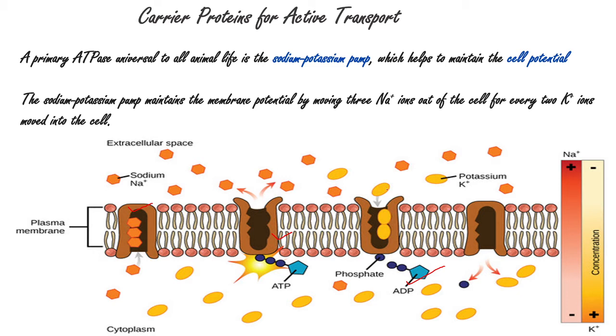The conformational change brings the transporter into such a position that its affinity for potassium ion is increased, and the transporter is flipped in this way so that it releases 2 potassium ions inside the cytosol.